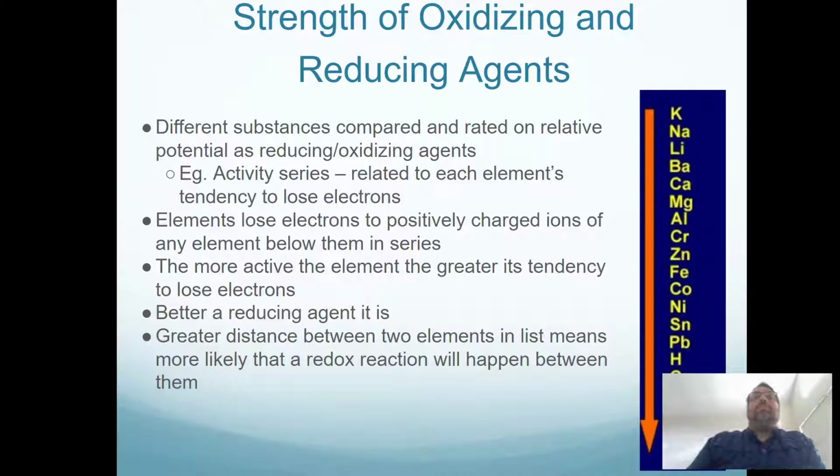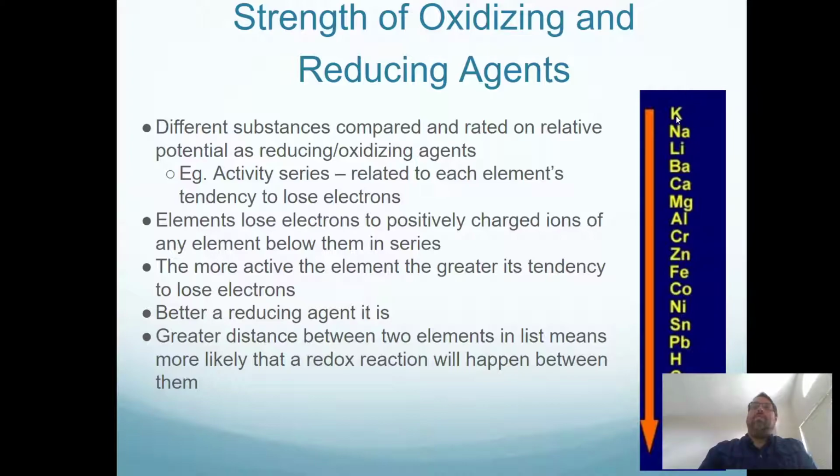Next, we're going to briefly talk about the strength of oxidizing and reducing agents. And this has to do real briefly on the relative potential for it to gain or lose an electron. Okay. So this is the reactivity series, and this is kind of indicating how easy it is for these different compounds to lose electrons.